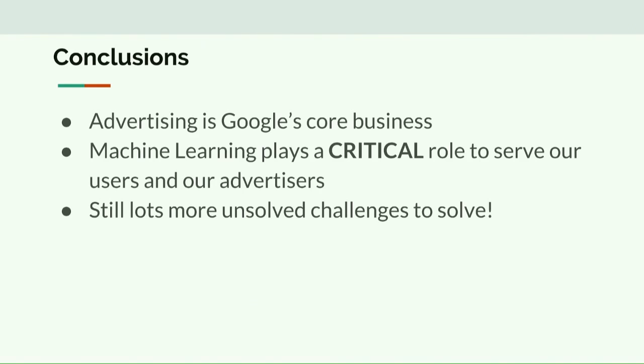We either work with millions of data points, or we work with millions of users, each having small data. So it's always different sides of a big data problem. It requires a lot of data science, a lot of machine learning and expertise. And of course, there are still a lot of unsolved challenges to solve. So we are looking at you to help us do that.